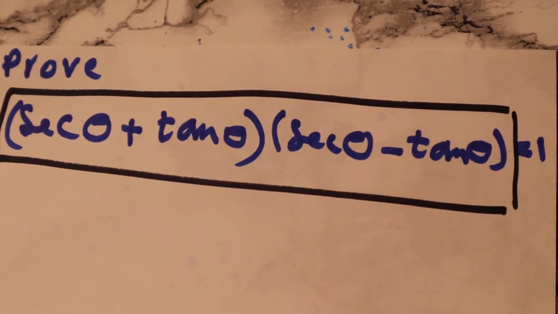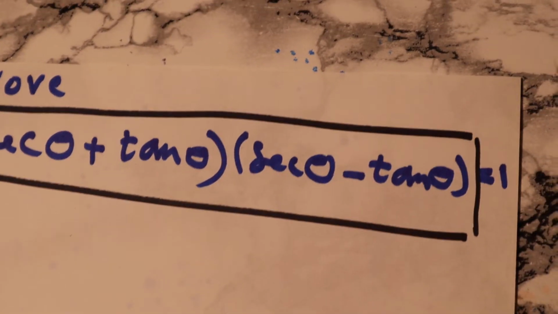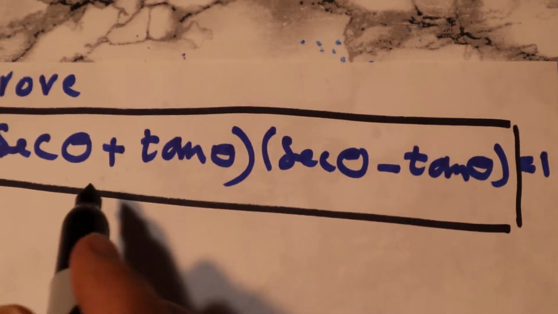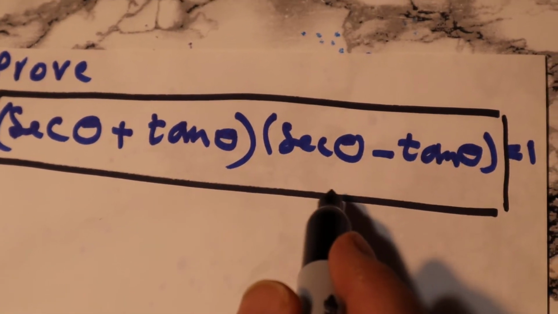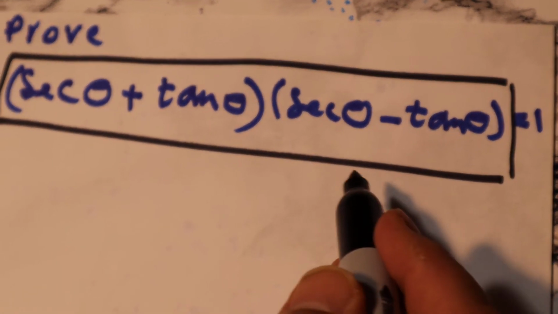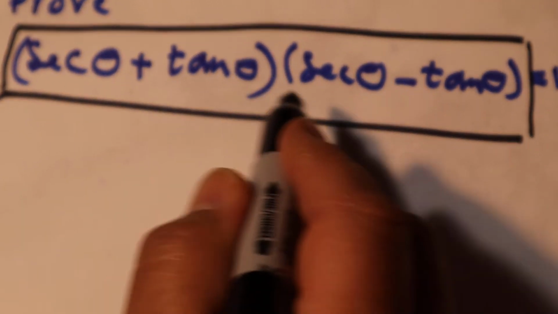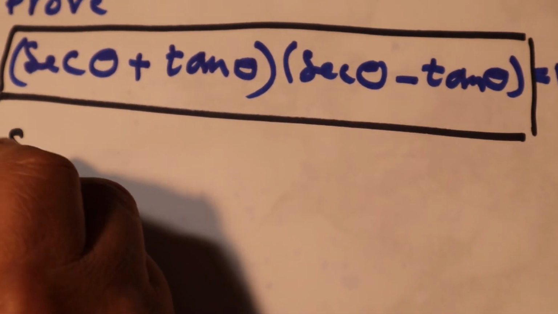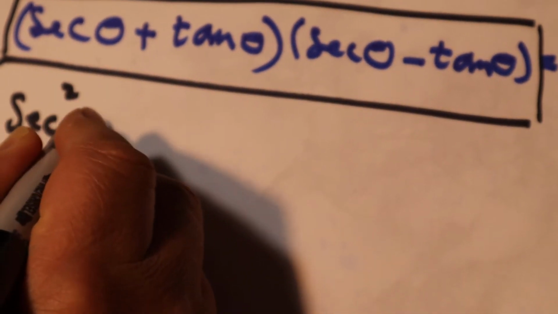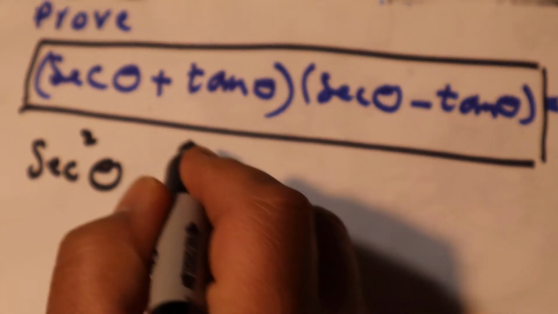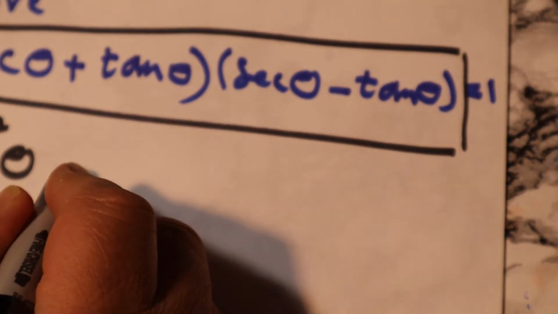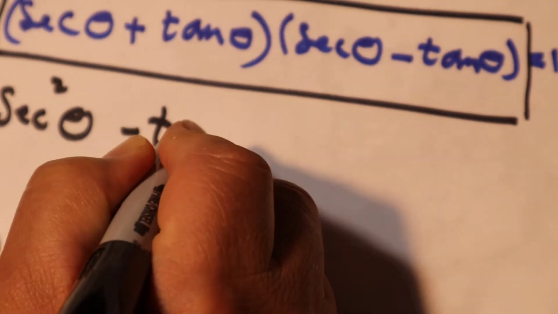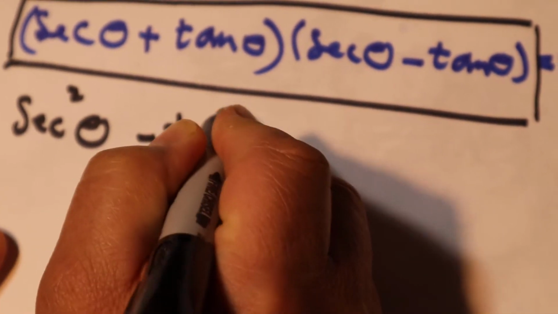I prefer to multiply secant theta plus tangent theta times secant minus tangent. So secant times secant is secant square, and tangent times negative tangent is negative tangent square.